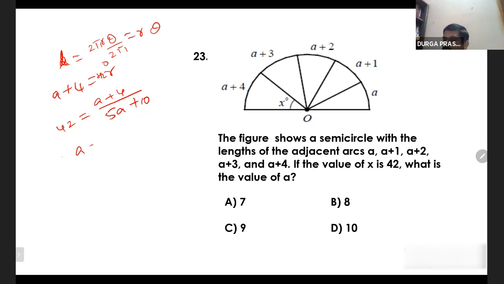So 42 into 5a plus 420 equal to a plus 4.